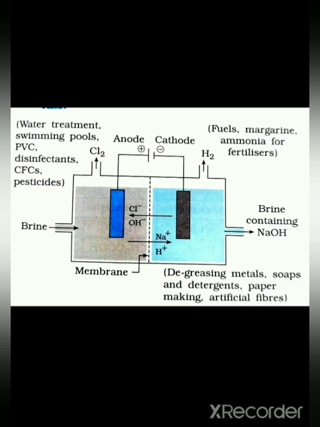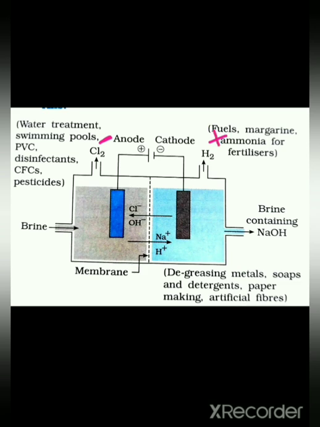In this process, chlorine gas is liberated at the anode and hydrogen gas is liberated at the cathode. Anode is the positively charged electrode and cathode is the negatively charged electrode. As chloride ions are negatively charged, they will get deposited on the positive electrode and hydrogen will get deposited on the negative electrode.